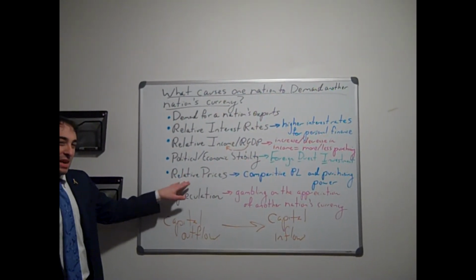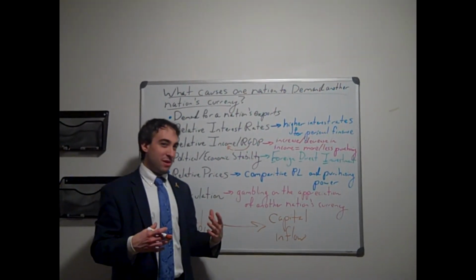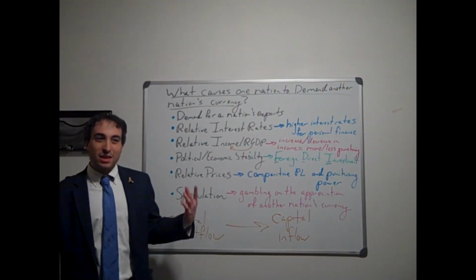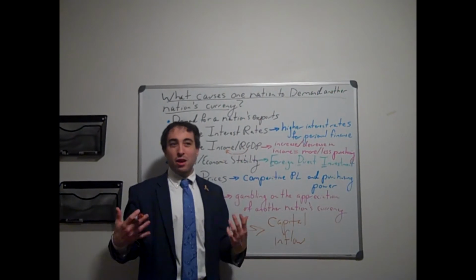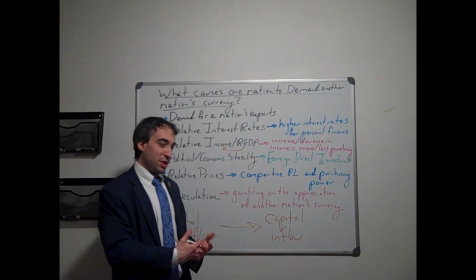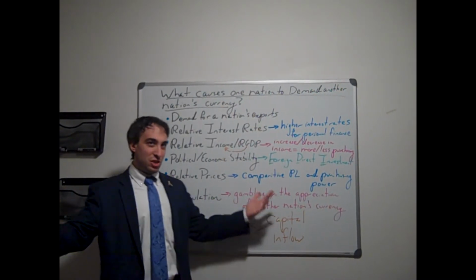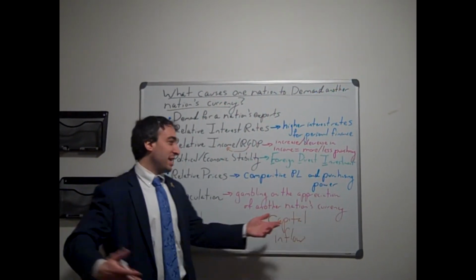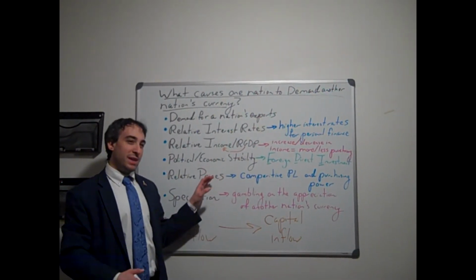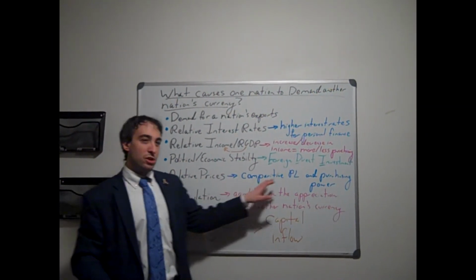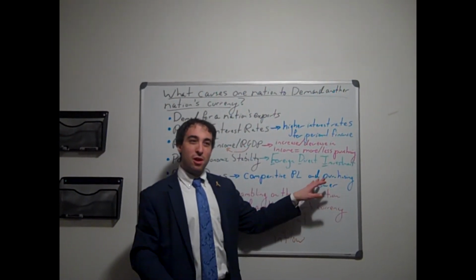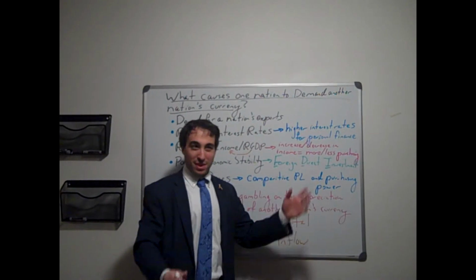Relative prices: if nation A is experiencing high inflation, the consumers of nation A are going to look elsewhere, especially in a flatter world where you have access to so many different products internationally. The people of nation A might search elsewhere for cheaper products.